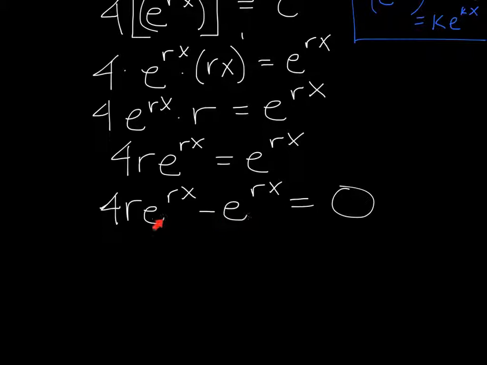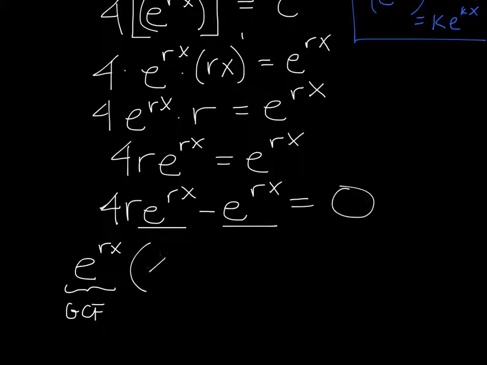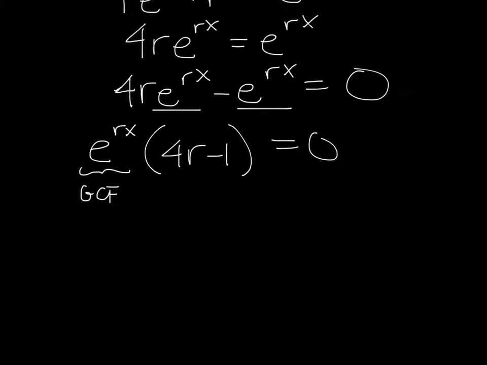Usually when you want to factor something out, the general form has a 0 on one side. I have e to the rx and e to the rx, so I can factor e to the rx. That's my GCF, my greatest common factor. And what am I left with? I'm left with 4r minus 1 equals 0.